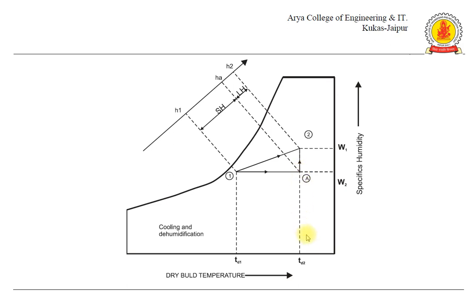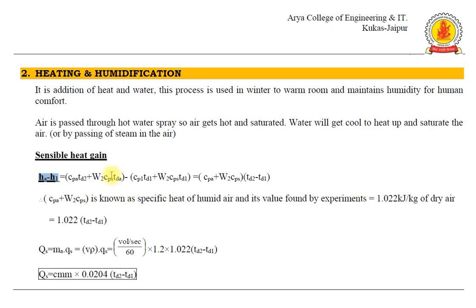So we will use the same temperature TD2 for point A also. So sensible heat gain HA minus H1 will be equal to CPA TD2, as I have explained why we are using TD2, W2 CPS TDA minus CPA initial condition into TD1, W2 CPS TD1. We will rearrange it and we will get this equation.